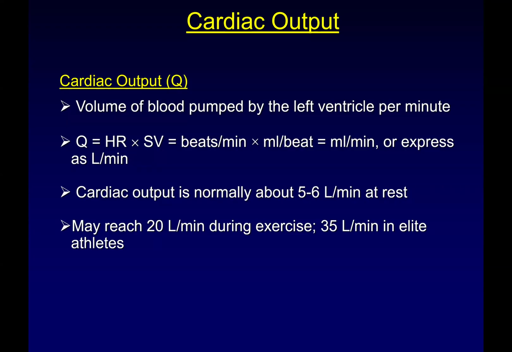If max cardiac output is max stroke volume multiplied by max heart rate, and you all can get your heart rate to the same place, then who has the biggest cardiac output?